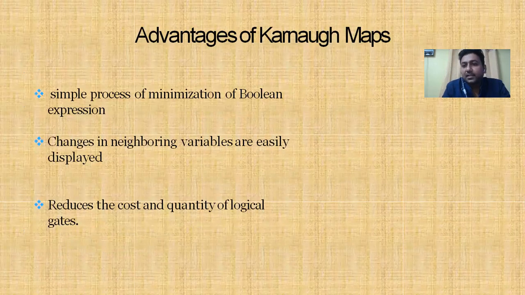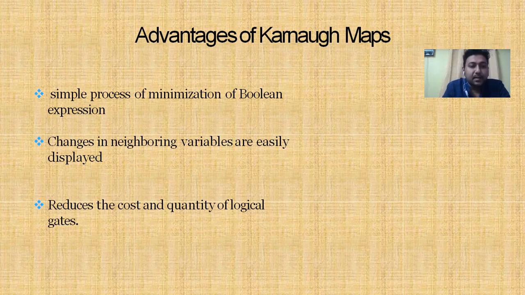What are the advantages of K-map? Why do we use K-map as an alternative to other methods? Why is it superior, why is it friendly? Because minimization of a Boolean expression is very simple, and the changes in neighboring variables are easily displayed. So we can say that it reduces the cost and quantity of the logic gates.